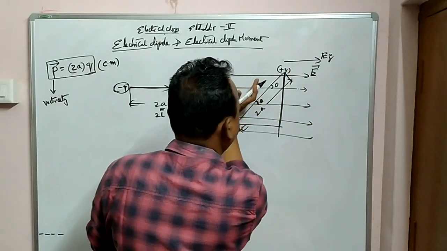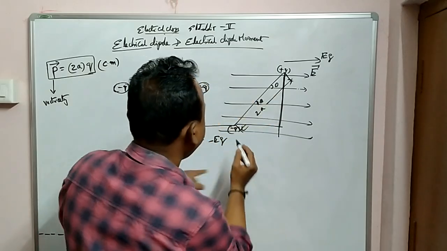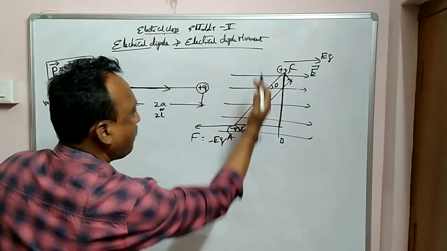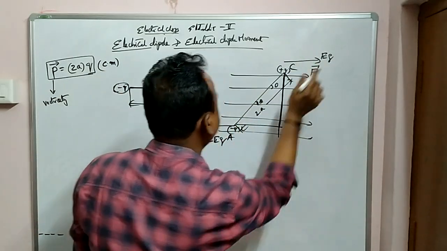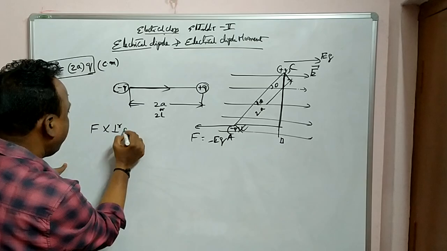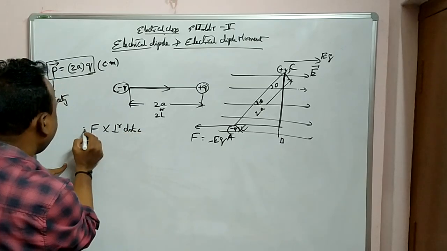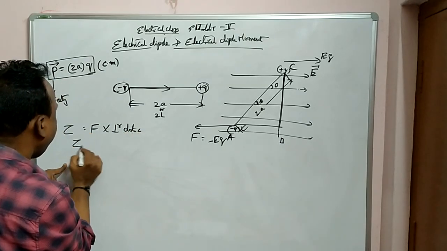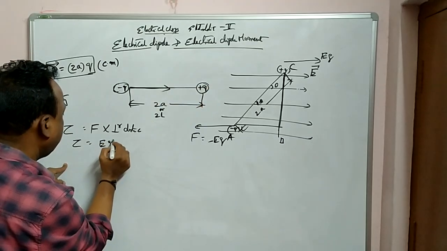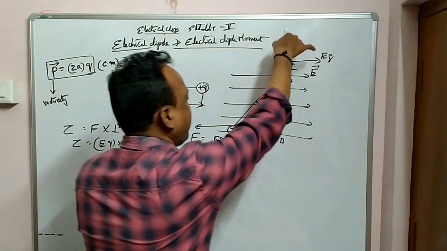Opposite by hypotenuse. Same, name some letters A, B, C. Opposite by force into perpendicular. What is the force here? Force into perpendicular distance is equal to torque. So torque is equal to, what is the force there? EQ. EQ into what is this perpendicular distance?